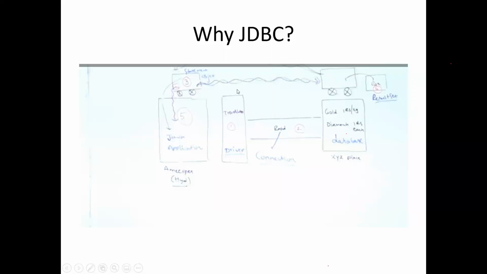With the help of these priorities, what is our aim? The result. So the fourth priority is the result. Finally the result came, so I will move back, and that's why the fifth is the Java application. The first priority is driver, the second priority is connection.